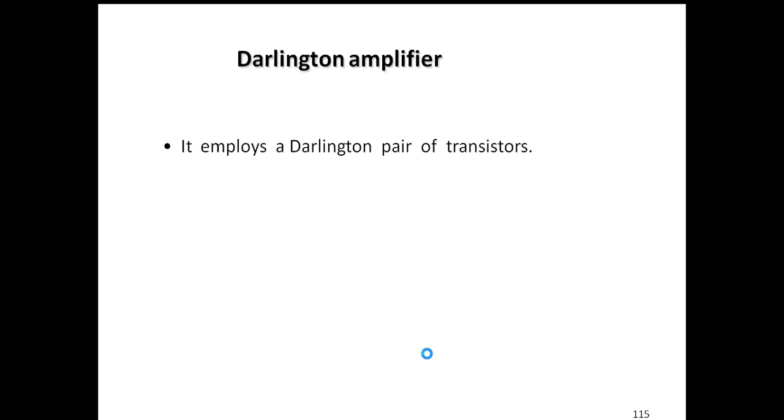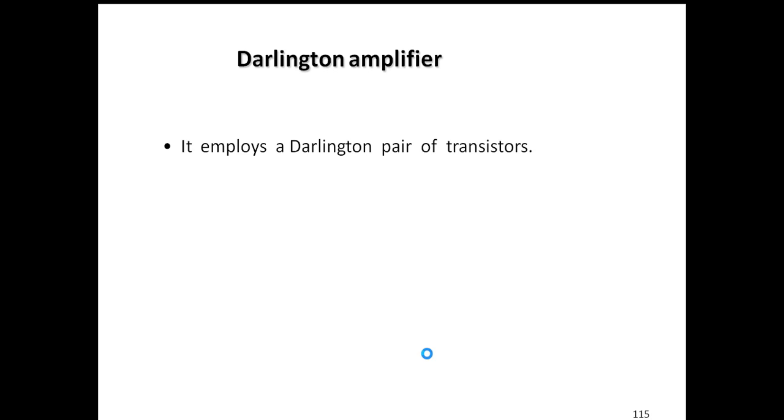In that common collector amplifier, we have discussed the various parameters associated with it, that is input impedance, output impedance, that is input resistance, output resistance, voltage gain, current gain, etc. As we know, another name for common collector is emitter follower.